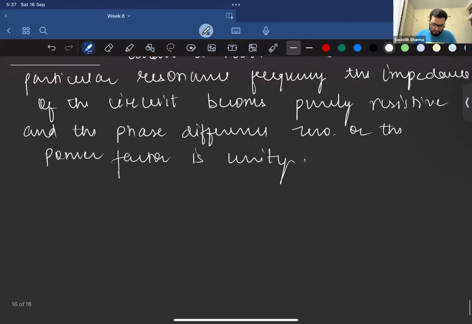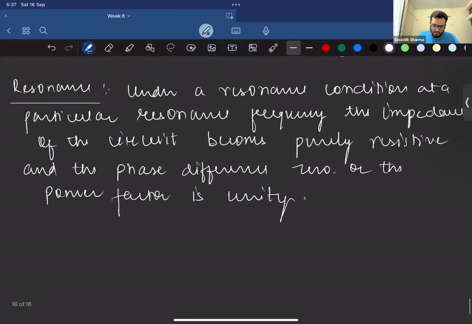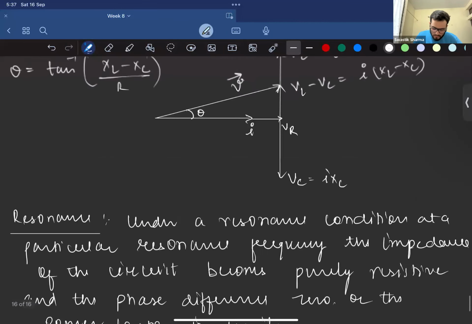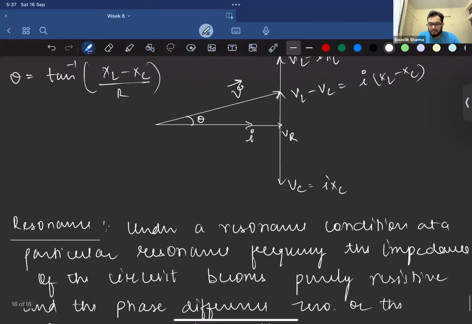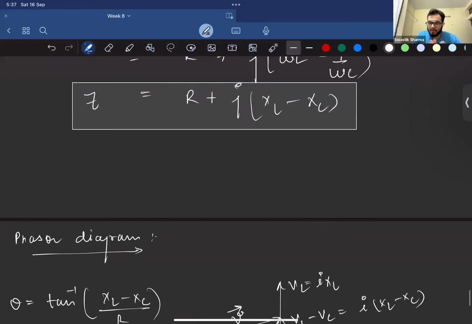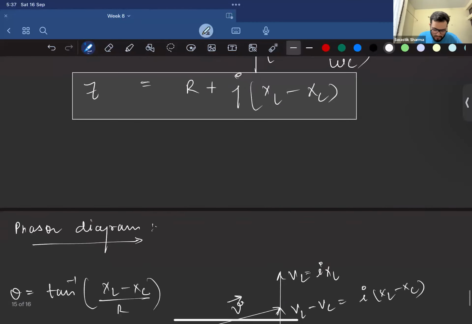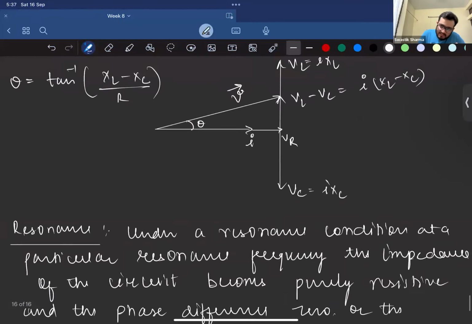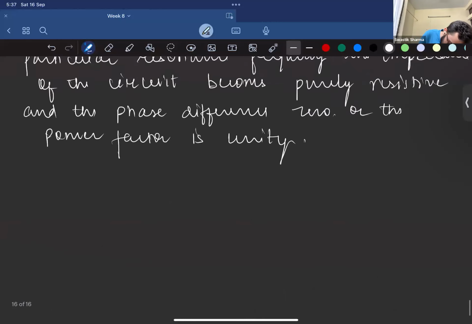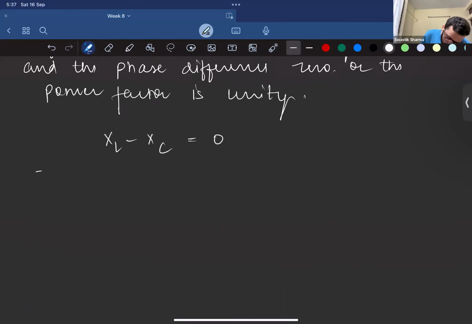Okay, so let's see for a series RLC circuit as we have drawn above. What did I say? The impedance would become purely resistive. So that means the imaginary part XL minus XC should be equal to zero, which is omega L minus 1 upon omega C equal to zero.